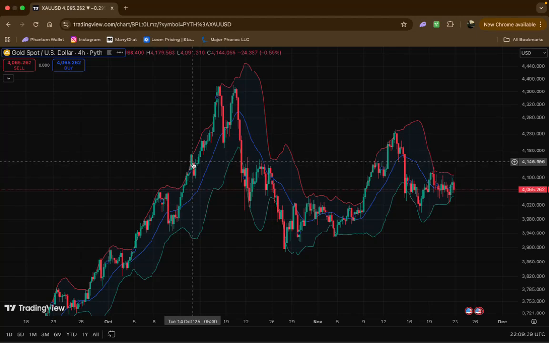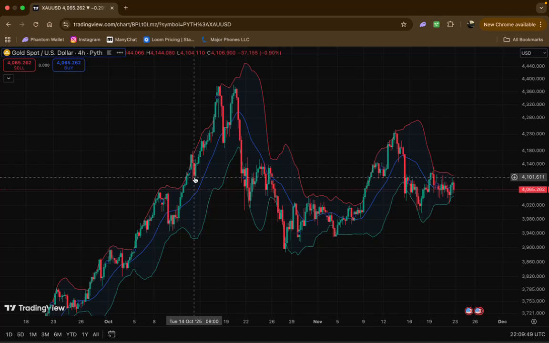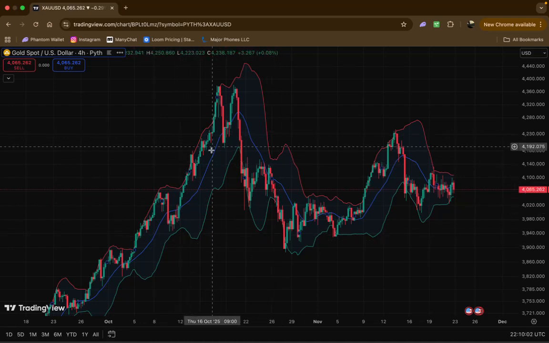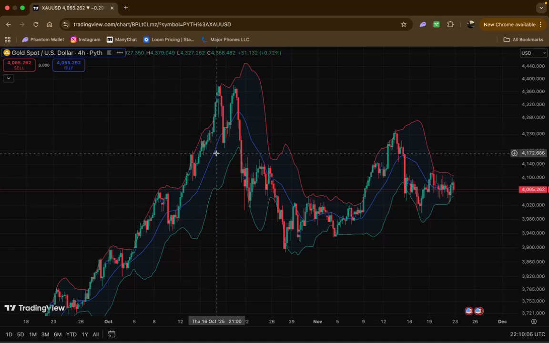But when the pullbacks happened, when these red bars came in, when the bad days happened, when the drawdowns happened, they were controlled. They were small. They were not that big. They did not demolish all the progress that gold has made. So the market keeps producing structure that respects the previous movement. In a strong uptrend, like this massive uptrend that gold had, upward moves are super decisive, right?